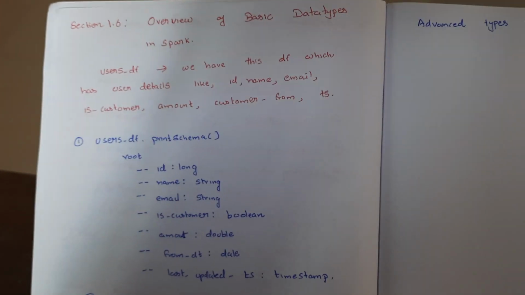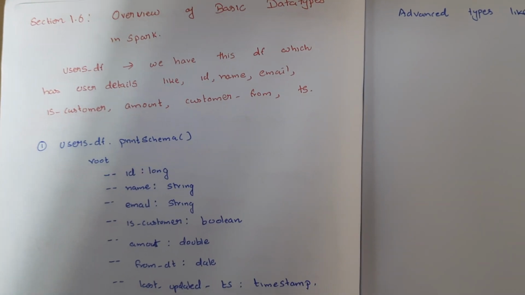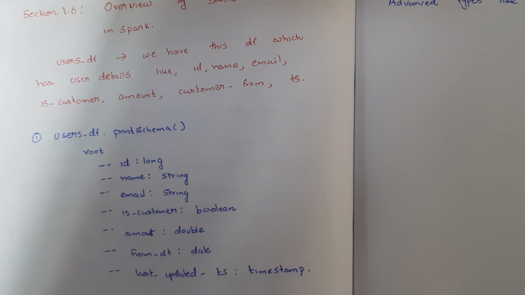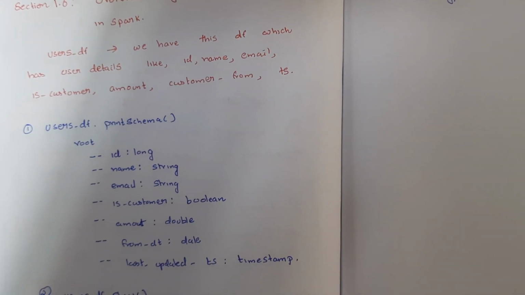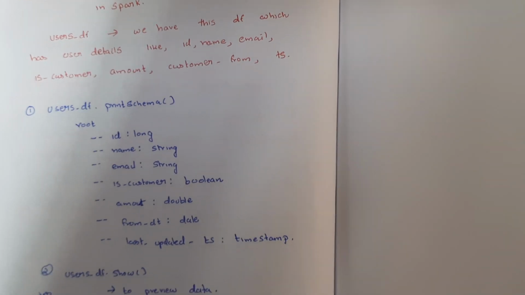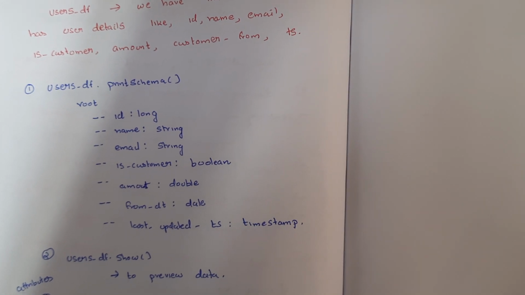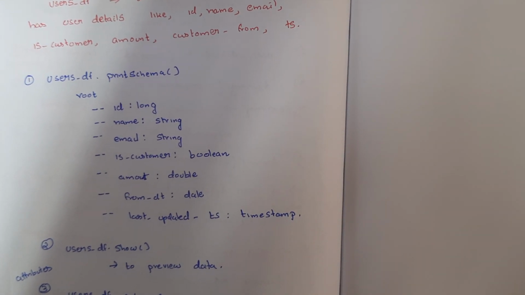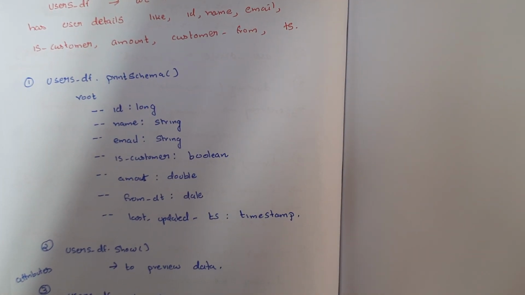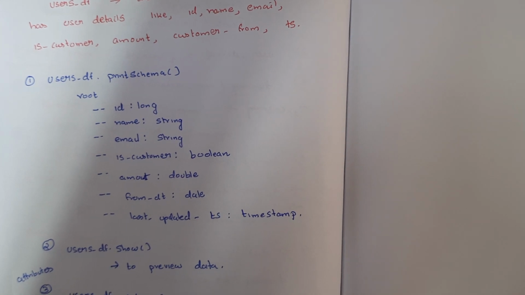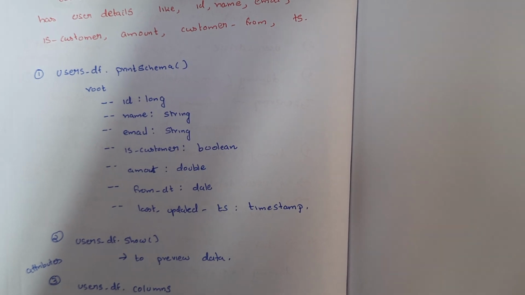What we're going to see is an overview of basic data types in Spark. What are the basic data types we have? I have one user data frame created which has columns like user details: name, ID, email, is customer, from date, timestamps, amounts, etc. If I do printSchema on users_df, I will get the columns: id, which is a long; name, which is a string; email is string; is_customer is a boolean with a true or false value; amount is double; from_date is date; and last_updated_ts is timestamp.